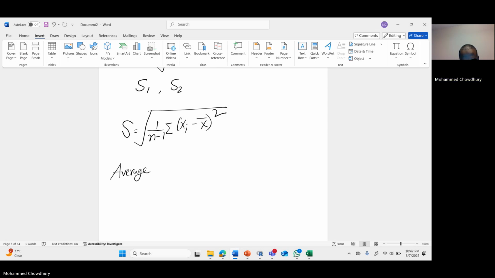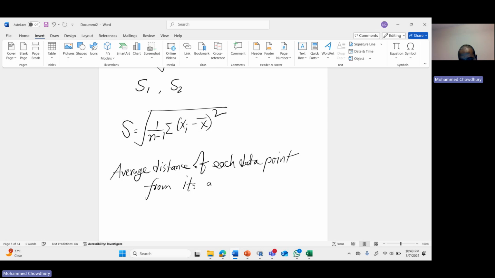Average distance of each data point from its average.